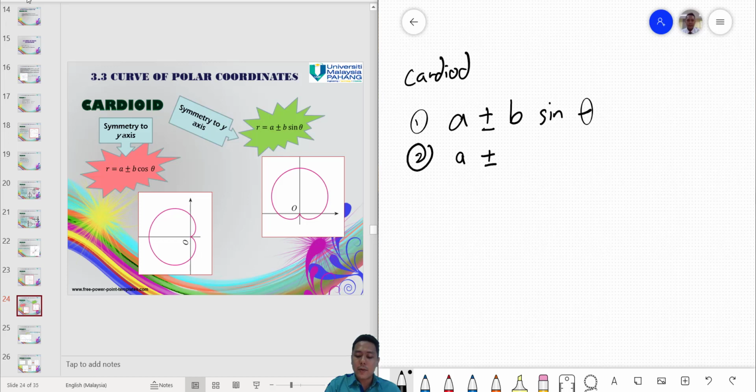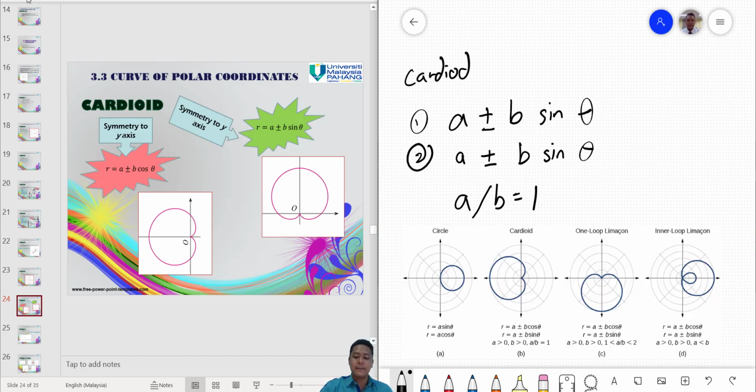To distinguish it from the other limacon, the ratio between a and b is 1:1. You can also say that a equals b. If a is not equal to b, then it will be the shape of a limacon, be it an outer loop limacon or an inner loop limacon, but it will not be covered in this subject.